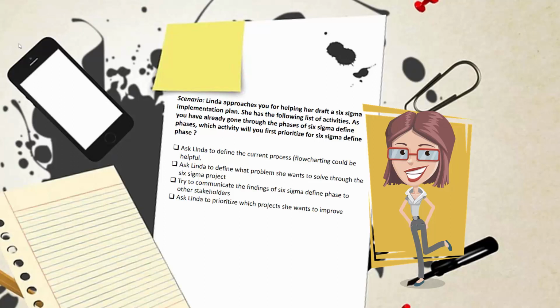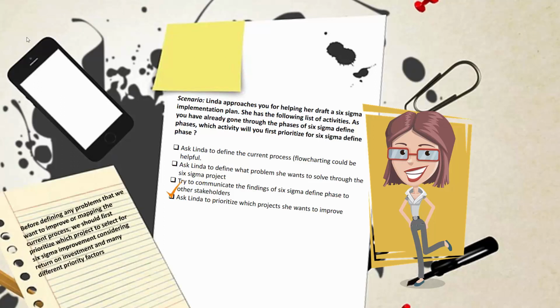Okay, let me reveal the answer. The correct answer to this question is, I will ask Linda to prioritize which projects she wants to improve. For this, she can use the tools such as Project Prioritization Matrix. The reason is also given on the left-hand side.